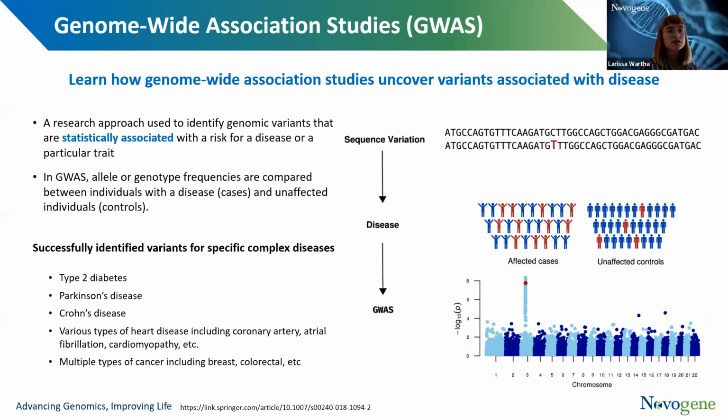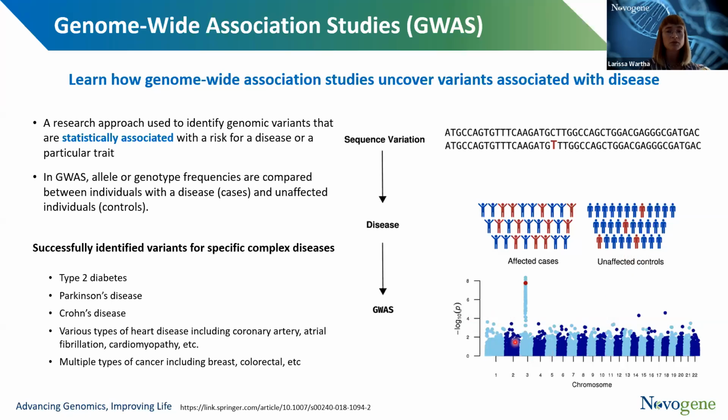So genome-wide association studies have enabled us to scan hundreds of thousands of genetic markers. It is used to identify genomic variants that are statistically associated with risk for disease or particular trait. So in GWAS, allele or genotype frequency are compared between individuals with the disease, the cases, and unaffected individuals, the controls.